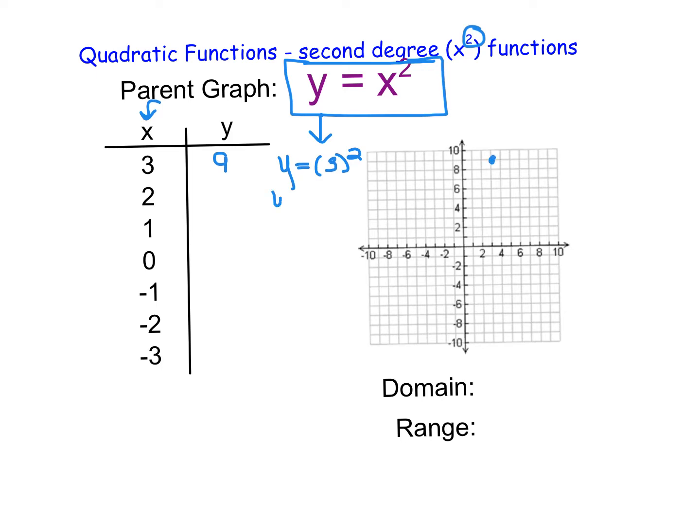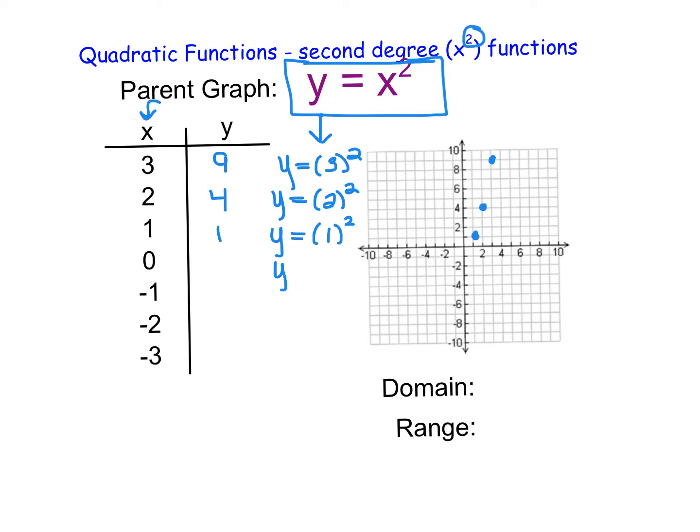Then I go to my next one, x is now 2, 2 squared becomes 4. So I go to x is 2, y is 4. Then the next one, this is 1 squared, so we have x is 1, y is 1.